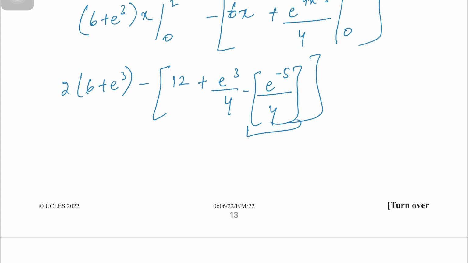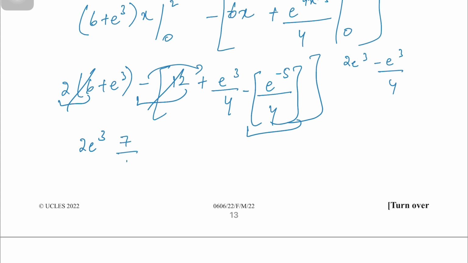So let's just solve this. 2 into 6 is 12, and then this 12 is subtracted, so this would be cancelled out. So this would be 2e cubed. This negative would be multiplied, so this would be negative 2e cubed, and then this e cubed upon 4. So this would be 8e cubed, then minus e cubed, this would be 7 upon 4 e cubed.